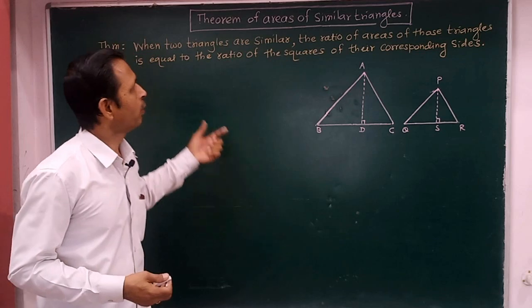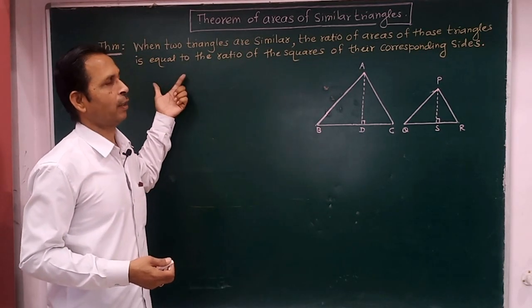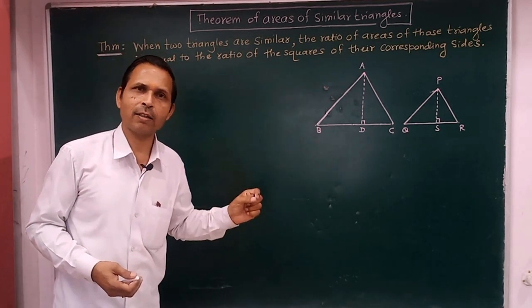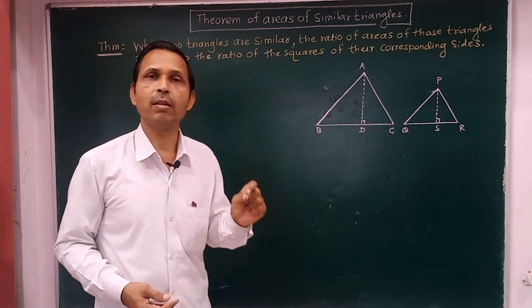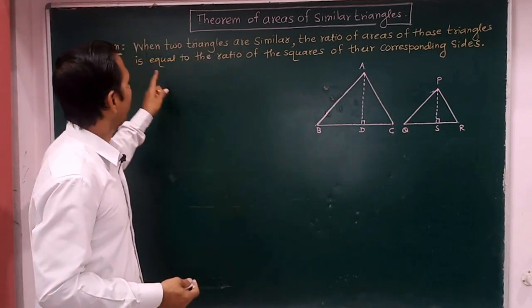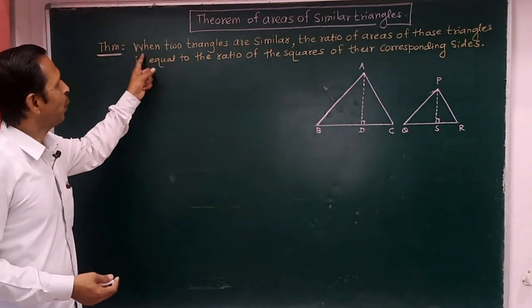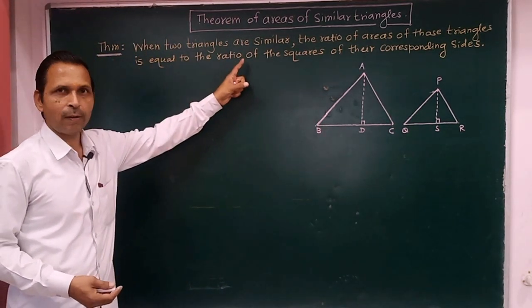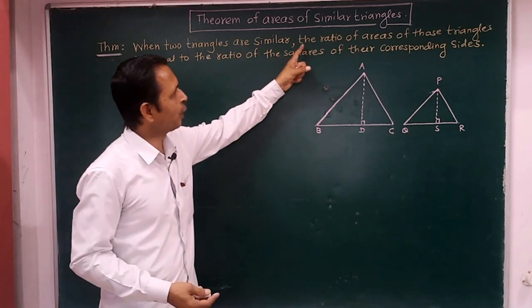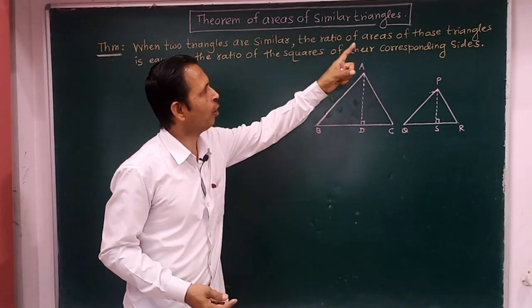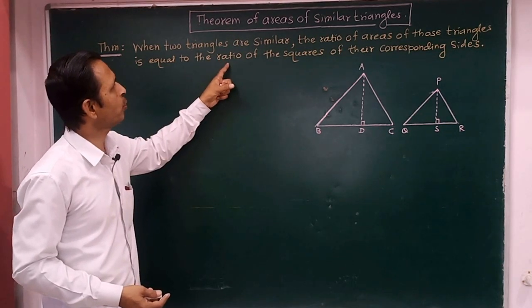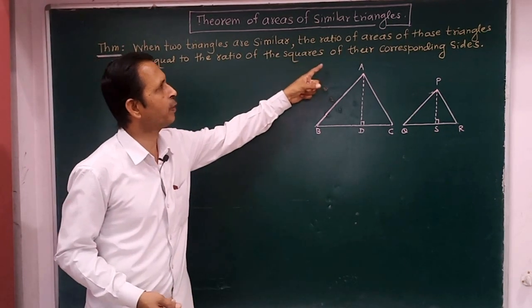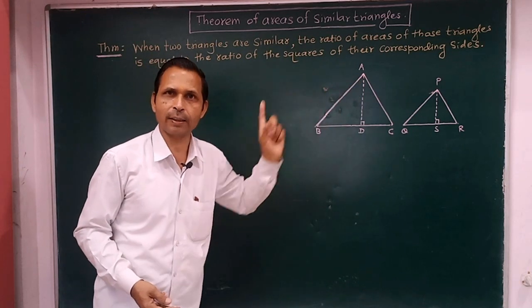But here we are given two triangles, and these are not any two triangles. These two triangles are similar triangles. Now read the theorem first. When two triangles are similar, then the ratio of the areas of those triangles is equal to the ratio of the squares of their corresponding sides.